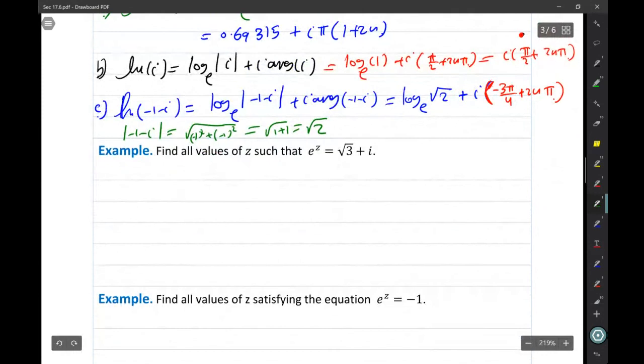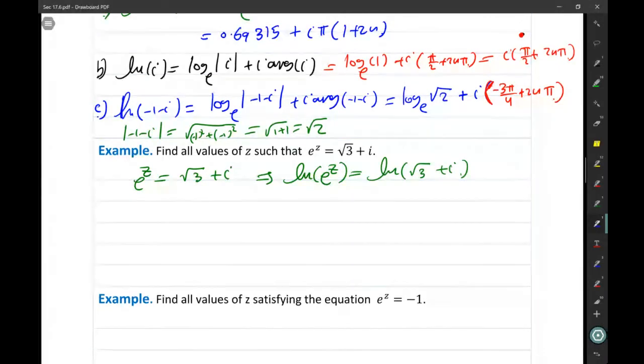Now let's see some problems. It says find all values of z such that e to the power z is equal to the square root of 3 plus i. First of all, how can we solve this one? When e to the power z equals the square root of 3 plus i, we take ln of both sides: ln e to the power z equals ln of the square root of 3 plus i.